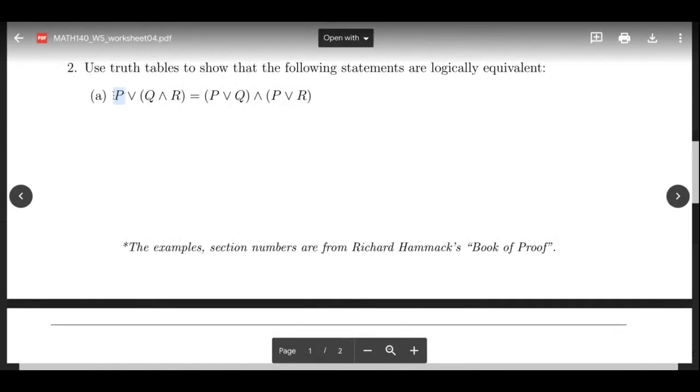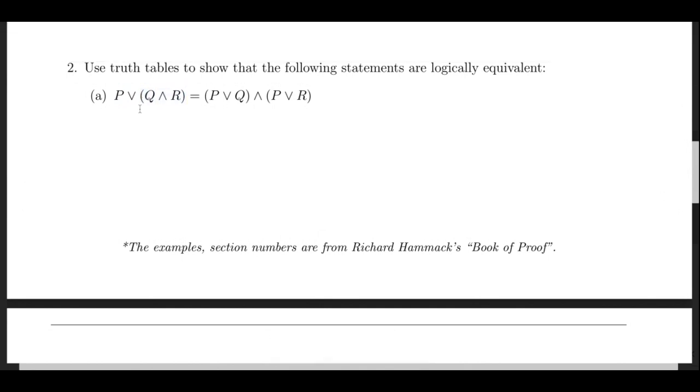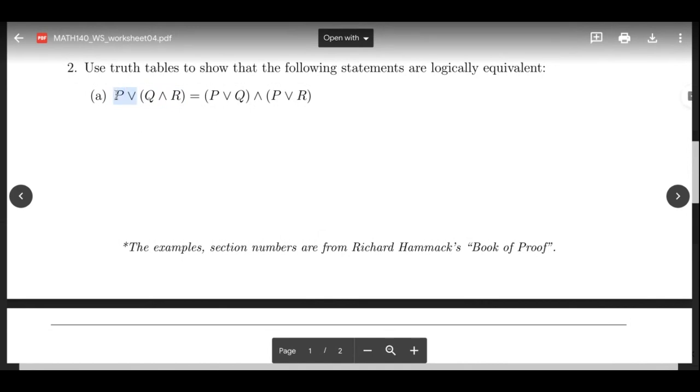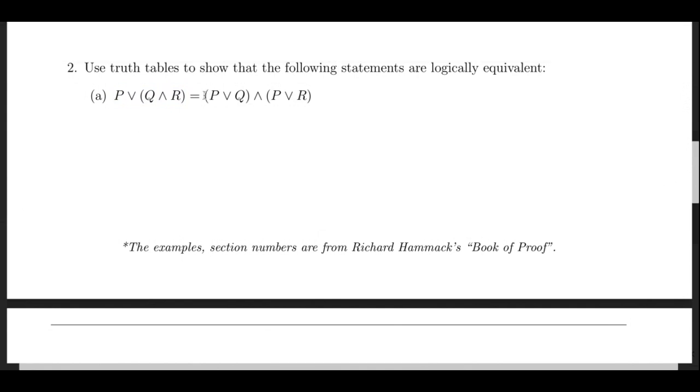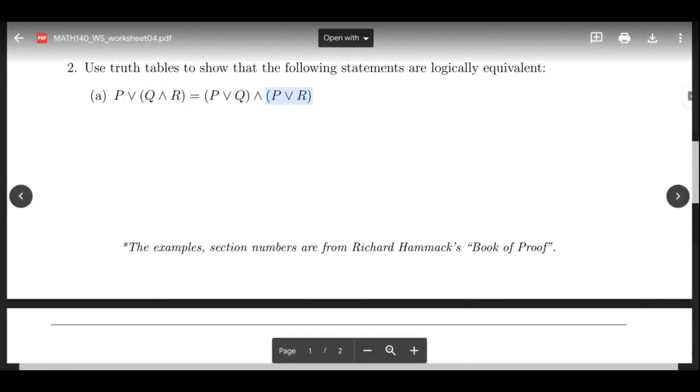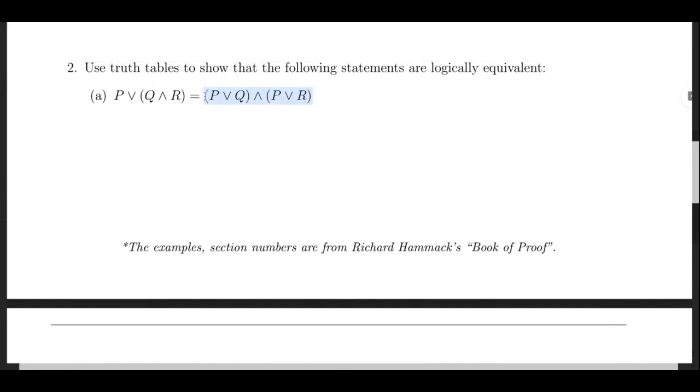Let's create a truth table with P, Q, R statements, then with Q and R statement, and then with P or Q and R. Also, let's make P or Q and then P or R. Then let's make this column.